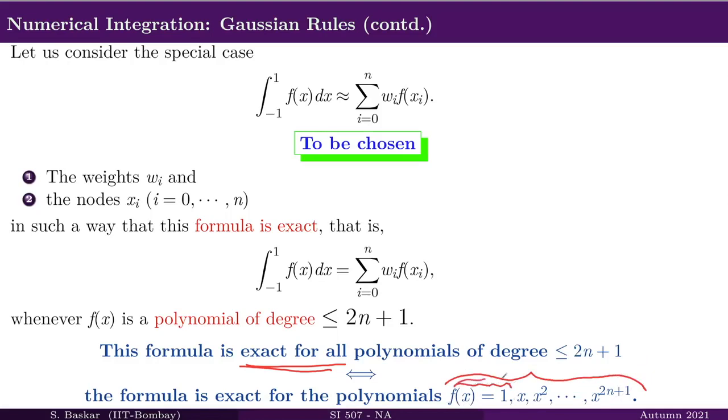Then f of x equal to x gives you another equation, and similarly the other cases. So you will get finally 2n plus 2 equations. By solving the 2n plus 2 equations, you will get n plus 1 weights and n plus 1 nodes also. So that is the idea. And once you get the weights and nodes, that will be a quadrature rule called Gaussian quadrature rule with n equal to whatever value you choose.